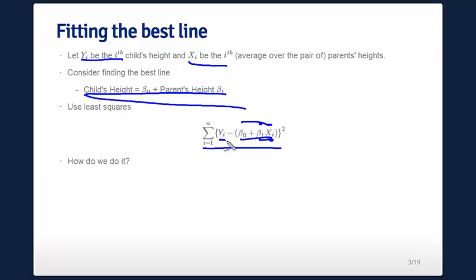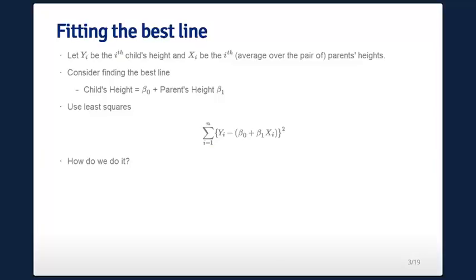Yi, in contrast, would be the actual child's height, the one that was actually recorded. So the difference between these two is the difference between what the model would predict for that child and what actually was observed for that child. And so why don't we, as a criterion for the best line, minimize the sum of those squared distances?